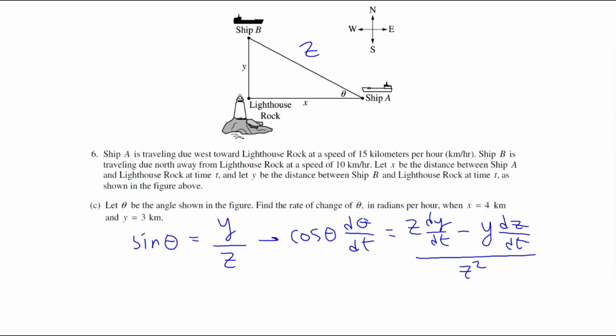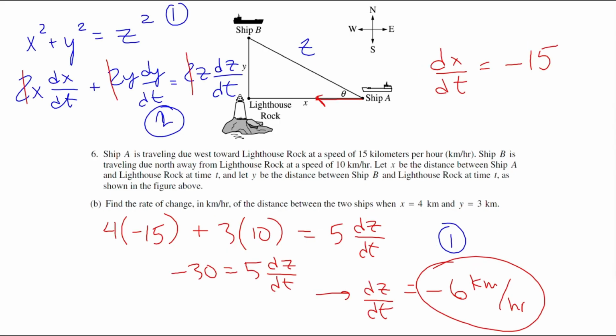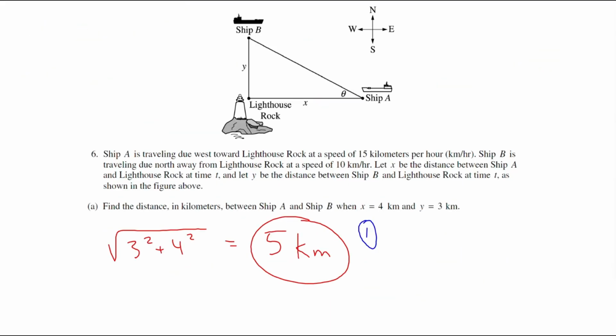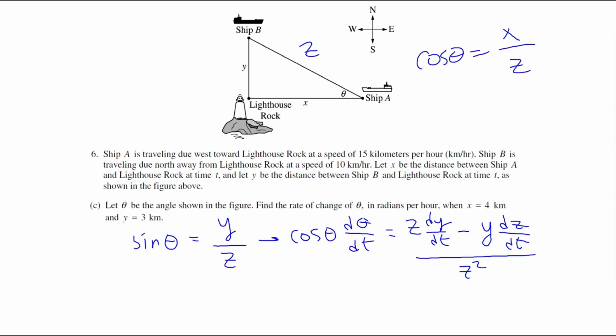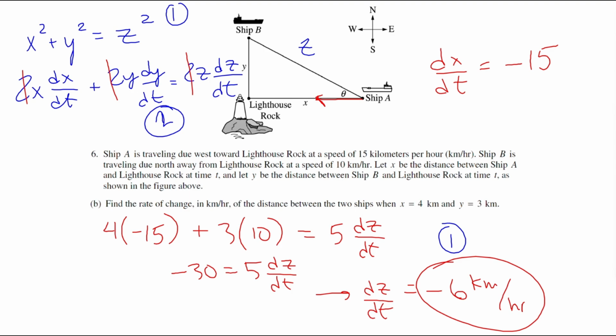We know what cosine theta is because cosine theta is equal to x over z. Well, for our purposes, x was 4, and when we did this before, we got z was equal to 5, back here, and dz/dt was equal to negative 6.